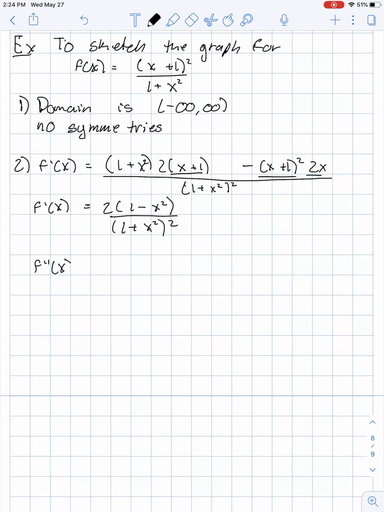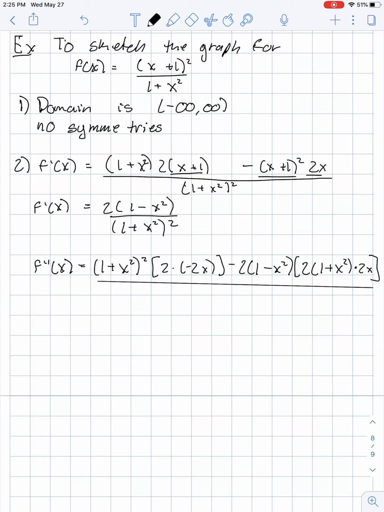Okay, cool. So then f double prime, we get to do quotient rule again. And that's going to be low, d high, so 2 times a negative 2x, minus 1 minus x squared, which is high, and then d low, which is going to be 1 plus x squared times, that was the derivative of the outside with the inside still the same, times 2x.